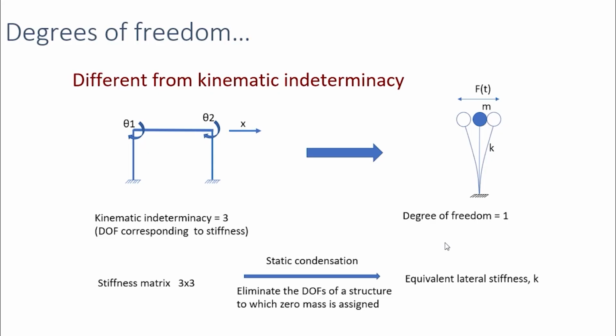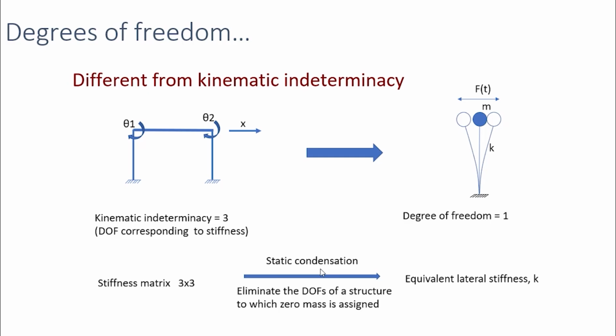So how do you do that? In static analysis, you might have learned a technique called static condensation. That is used to eliminate the unwanted degrees of freedom of a structure to which zero mass is assigned. If we have more degrees of freedom corresponding to stiffness, that is the kinematic indeterminacy, we can eliminate those additional degrees of freedom where no mass is assigned using this technique called static condensation.